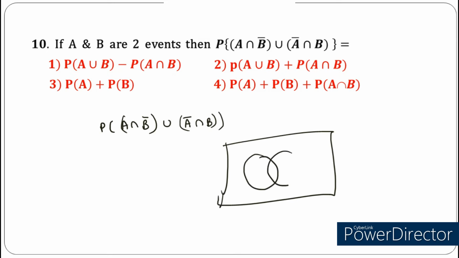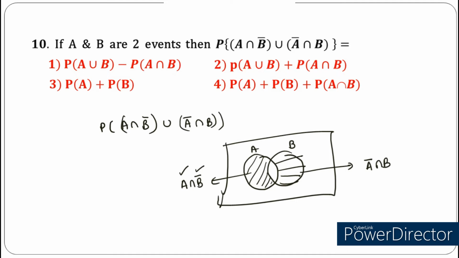See, if this is A, this is B. Now see here, only this part is nothing but A intersection B bar. That means it contains A but not B. If you take this part, it is nothing but what? It doesn't contain A but contains B, A bar intersection B.